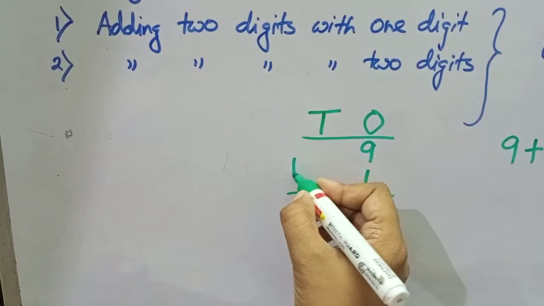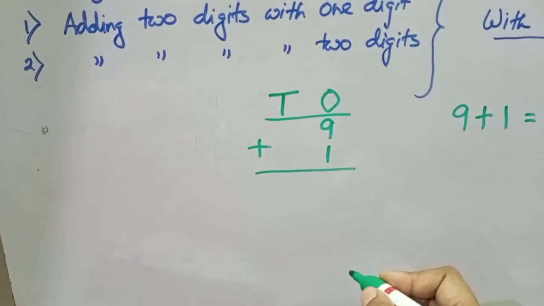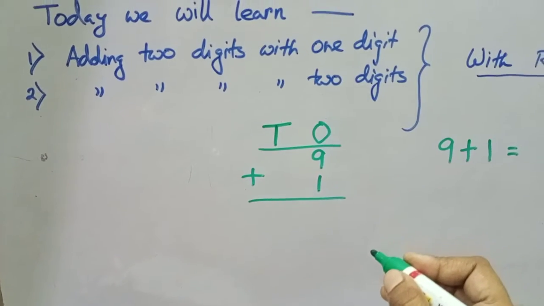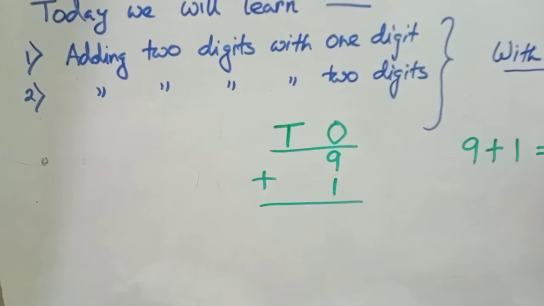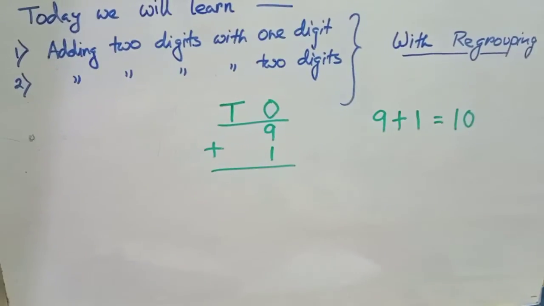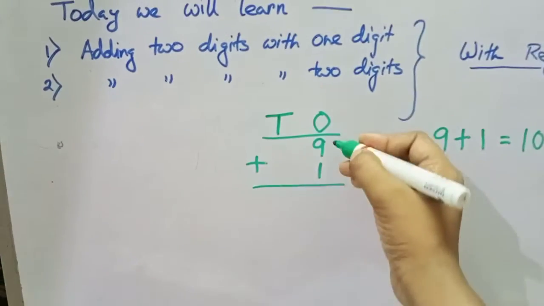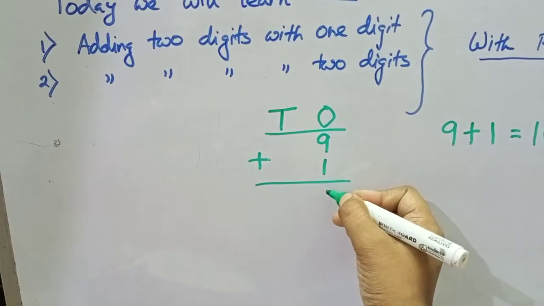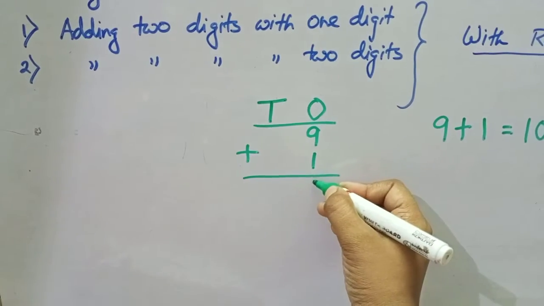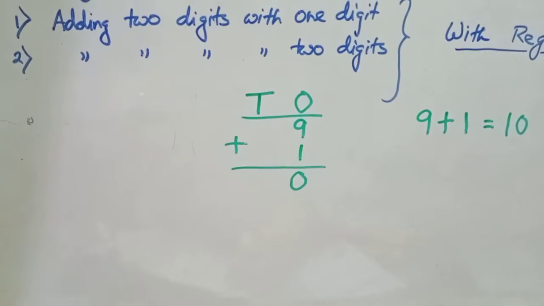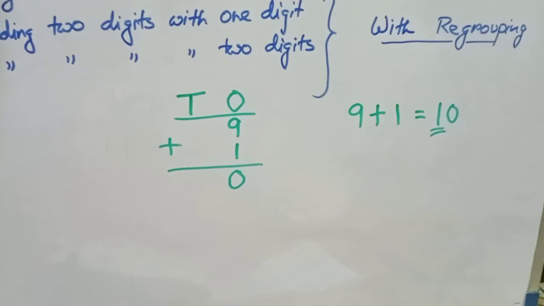Let us add this. The result we get is 9 plus 1. We all know what it is? Yes, that is 10. Now how to represent this 10 here? The ones digit we are going to write down here, but there is one carryover, that is 1.